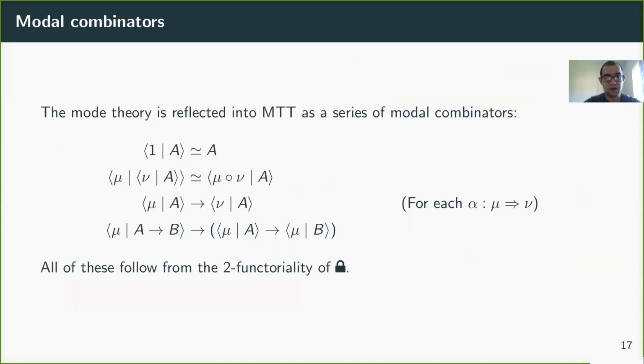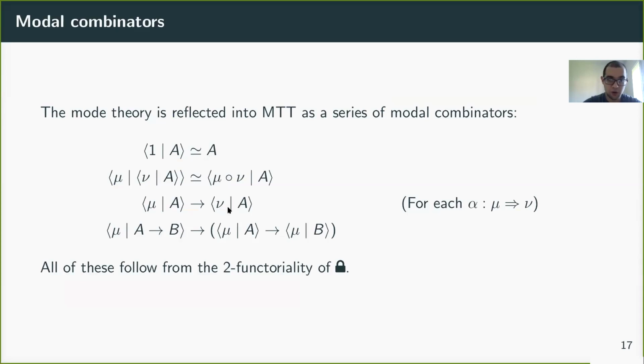Now the fun bit is that after we do all of this, the mode theory is sort of reflected into the term language of MTT, independent of the particular mode theory. So we always end up with some sort of equivalence between the identity modality and the identity. And we're always able to apply a sort of composition rule for modalities.